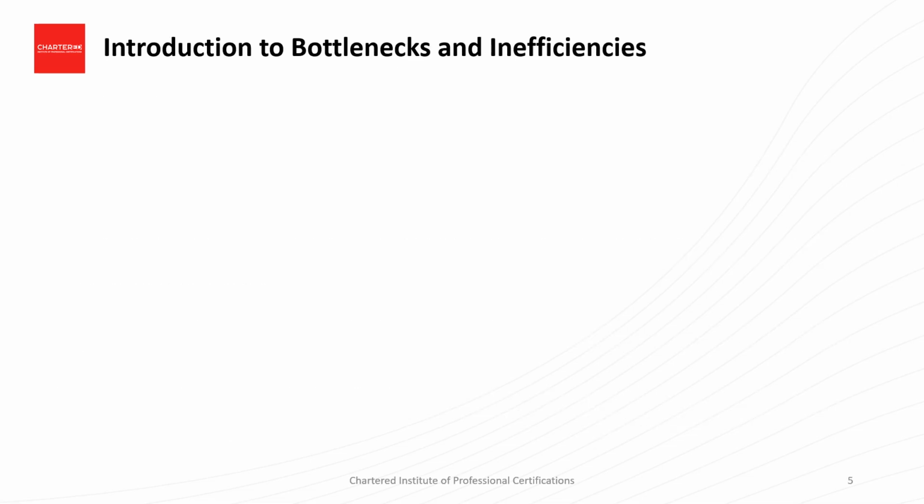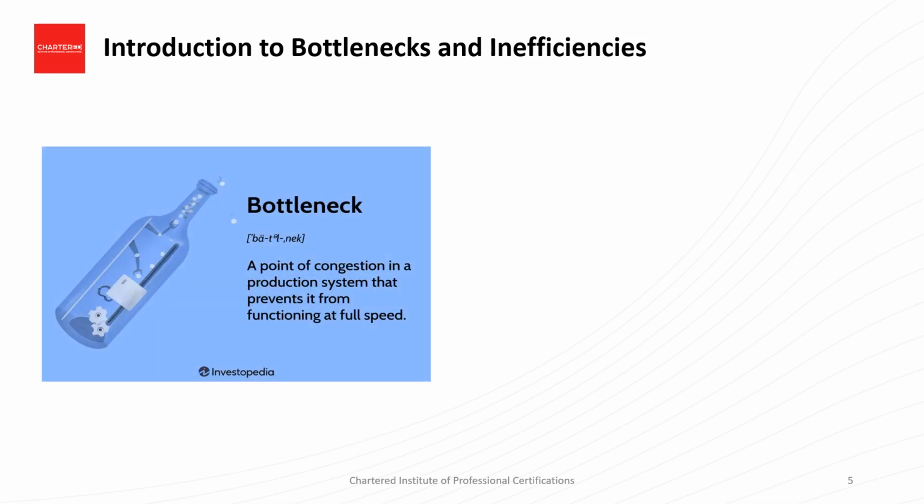Now, bottlenecks in the supply chain refer to specific points or areas where the flow of goods or information experiences a slowdown or comes to a complete stop. These bottlenecks can occur due to various reasons, such as capacity limitations, inefficient processes, inadequate resources, or coordination issues among supply chain partners.